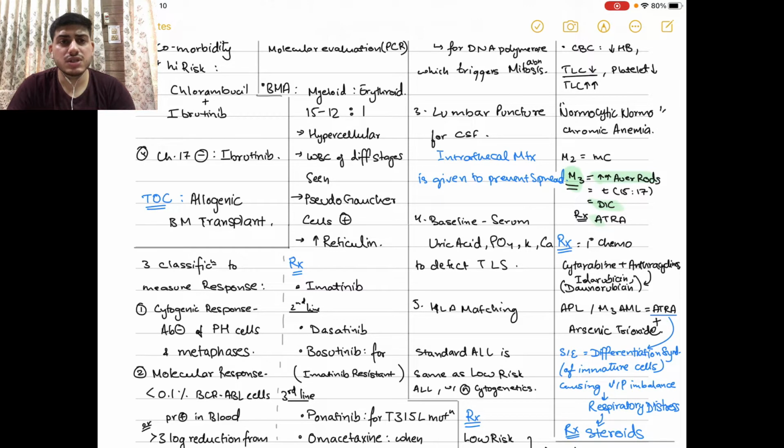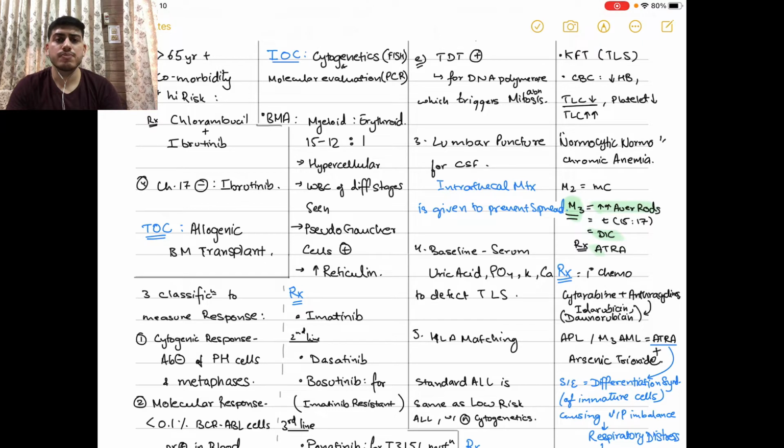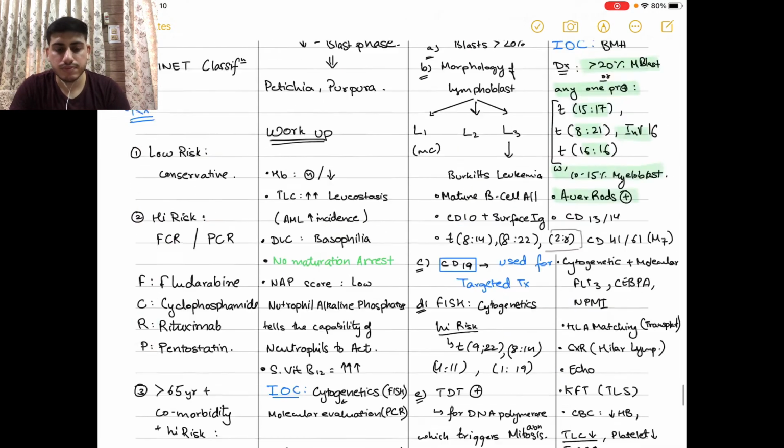Now the ultimate treatment of choice here will be obviously bone marrow transplant, and we call it allogenic bone marrow transplant, because if the medicines aren't working, we try to replace the manufacturing unit itself, so that there is no cancer proliferation inside the bone marrow.